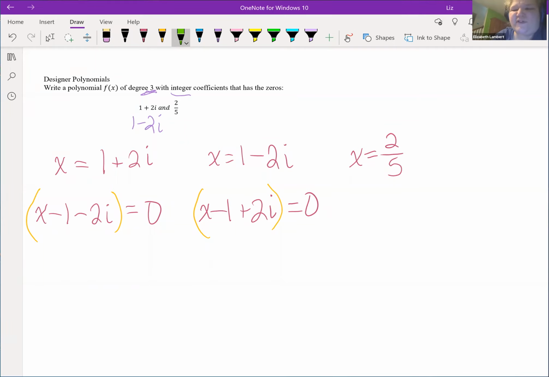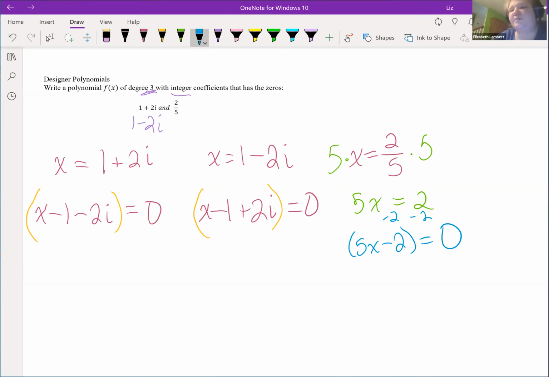I usually divide by 5 because I had 5x on the line before. So that is our first step. We're going to multiply both sides by 5. So now I have 5x equals 2, and now I will minus the 2 over. So 5x minus 2 is equal to 0. So that would be our third factor.